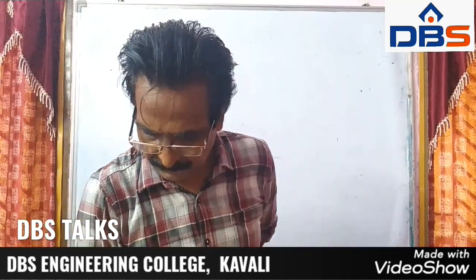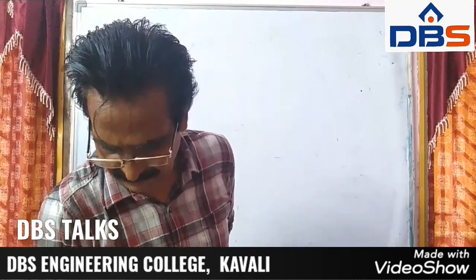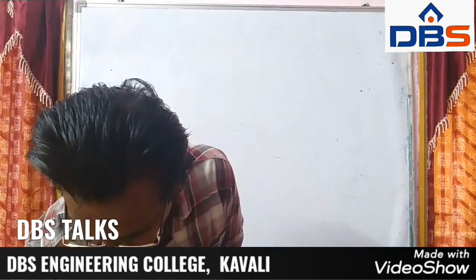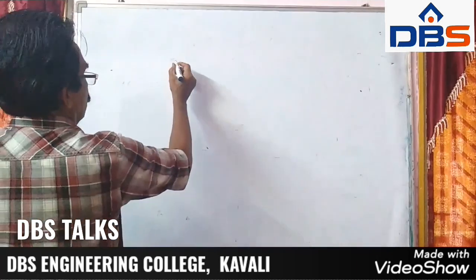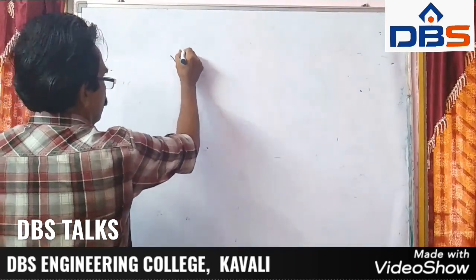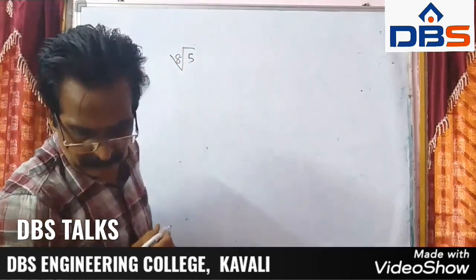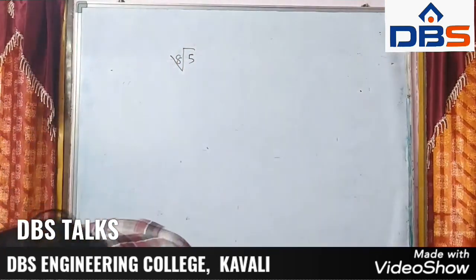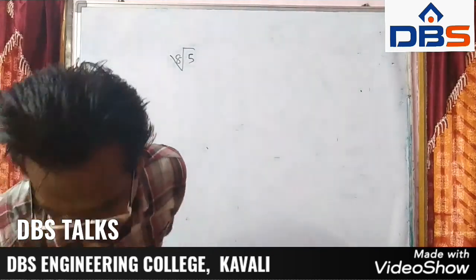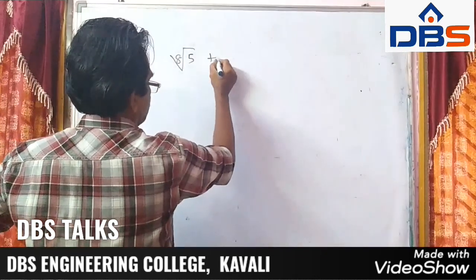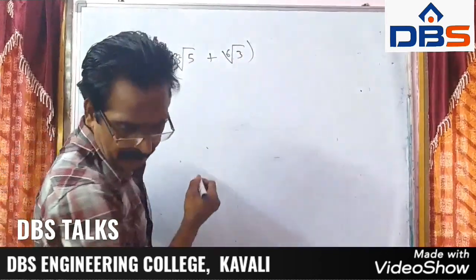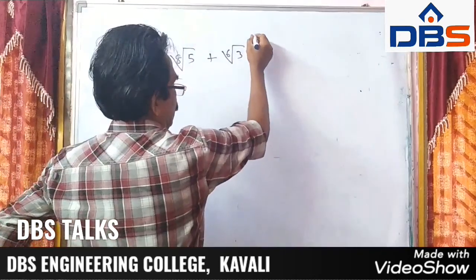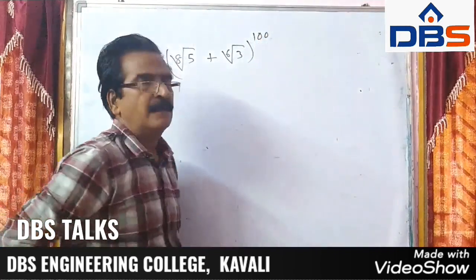Find the number of irrational terms in the expression (8th root 5 plus 6th root 3) whole power 100.